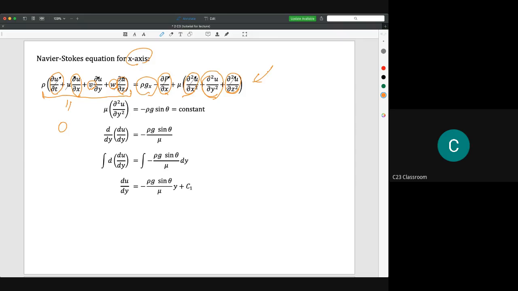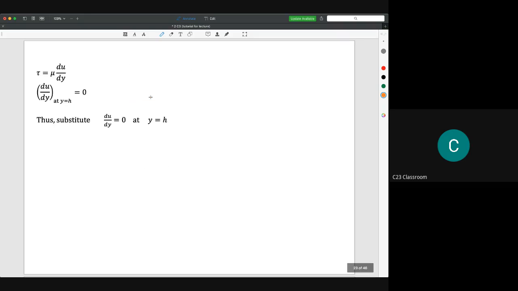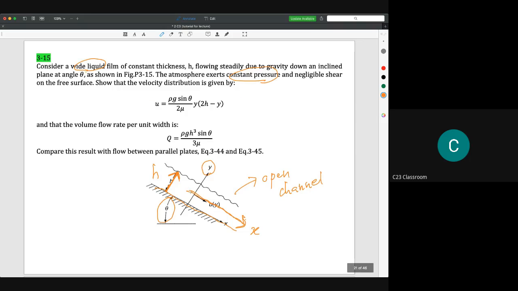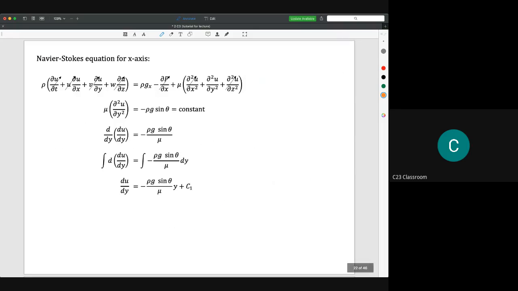Here we have rho g x, but as you can see, the plane is inclined, so gravity is pulling straight down like this. Now we are talking about the x-axis, and we have the angle theta, so the component of gravity becomes g sine theta.